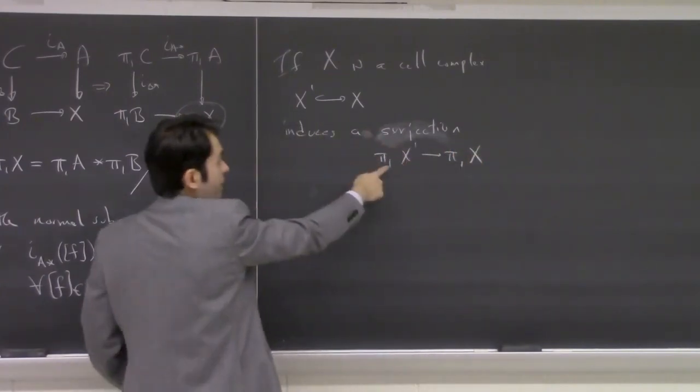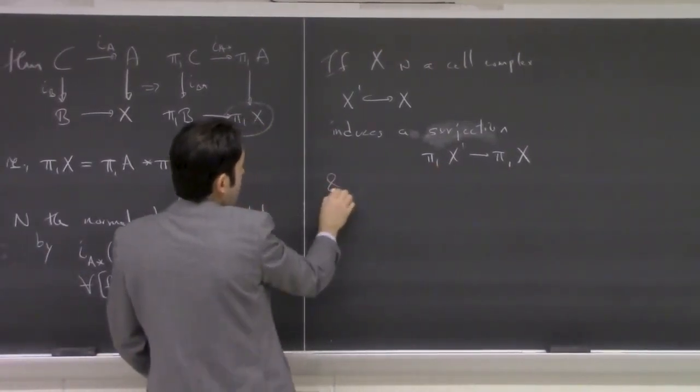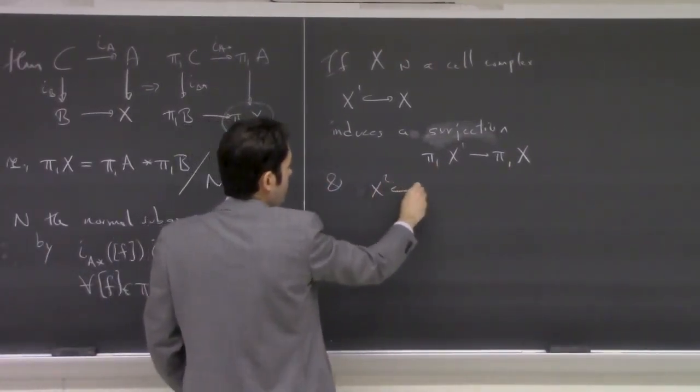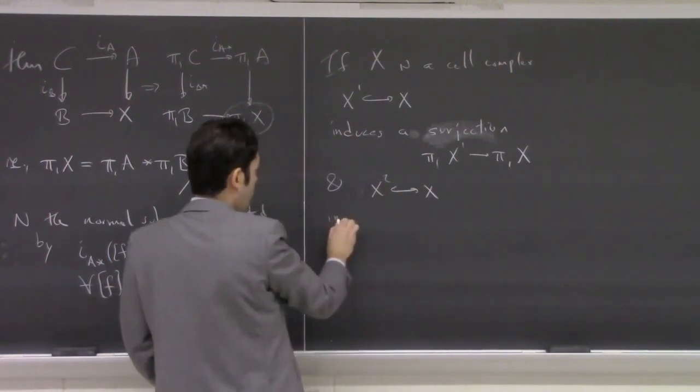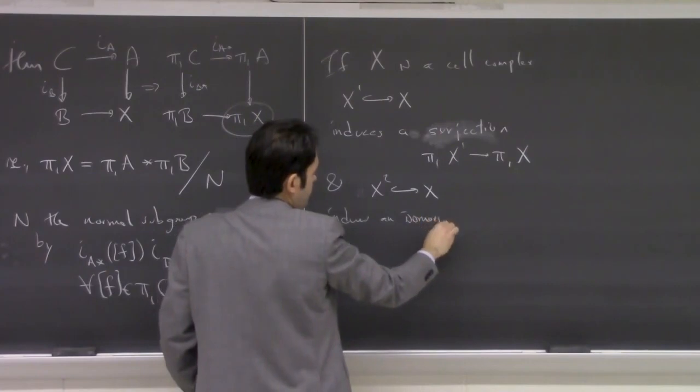So all of your generators of the fundamental group come from the one skeleton, and the inclusion of the two skeleton induces an isomorphism.